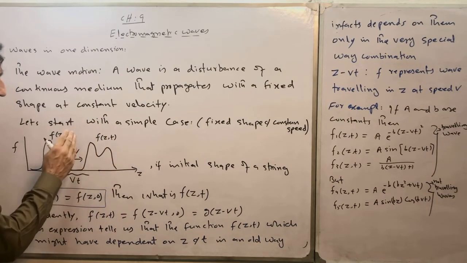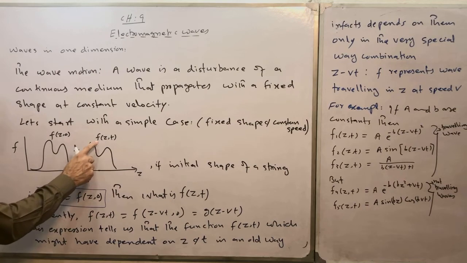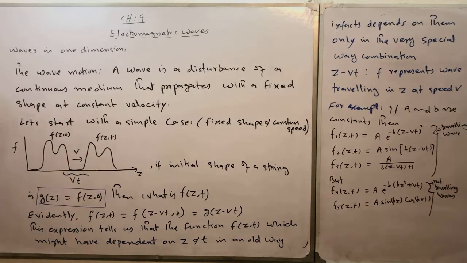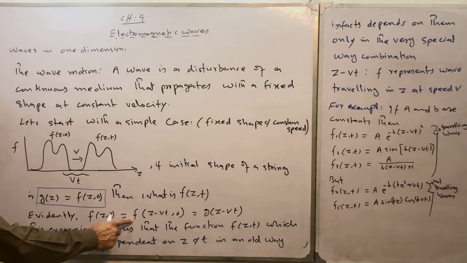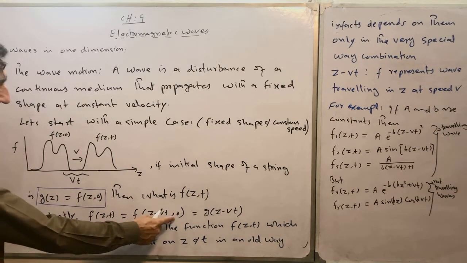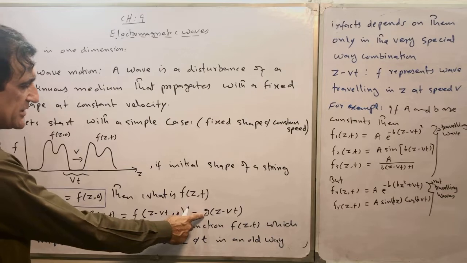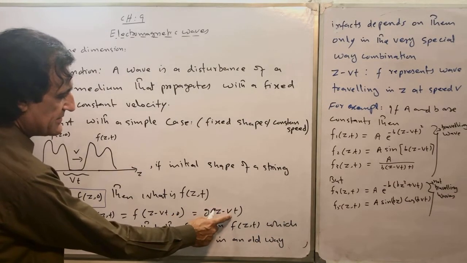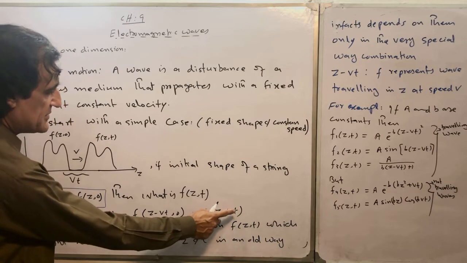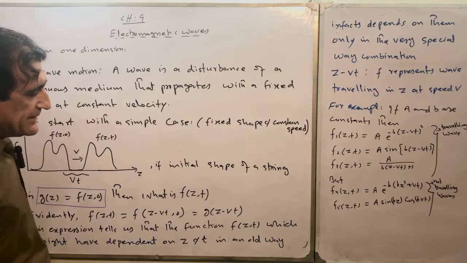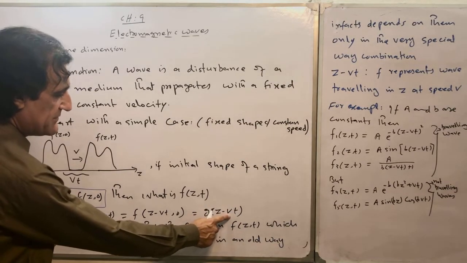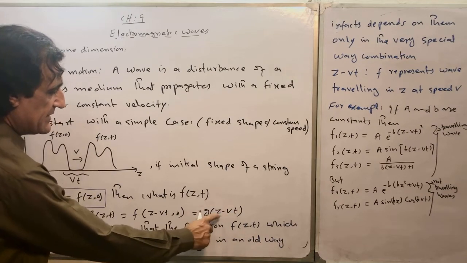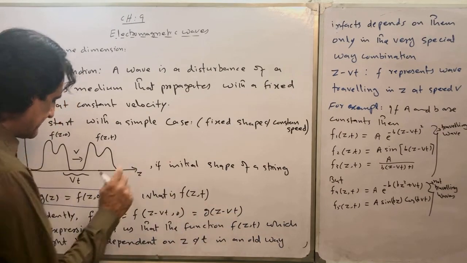What will be the mathematical expression of f of z, t? Evidently, f of z, t is equal to f of z minus vt, 0, which is equal to g of z minus vt. So if this is moving with constant speed v, then at some time t we have z minus vt.